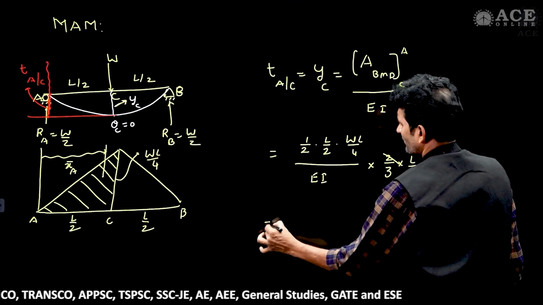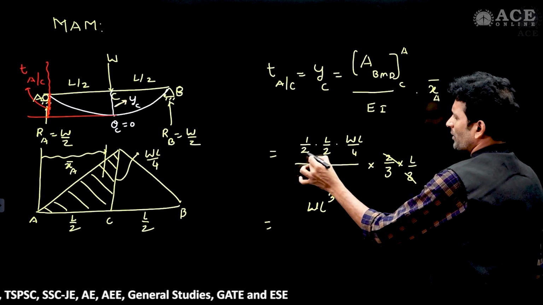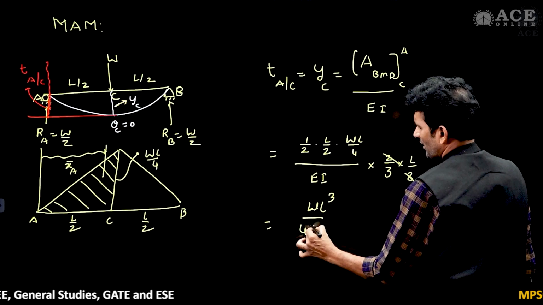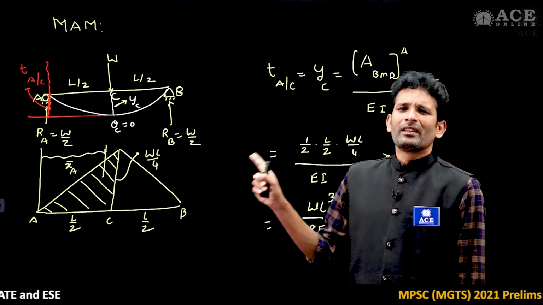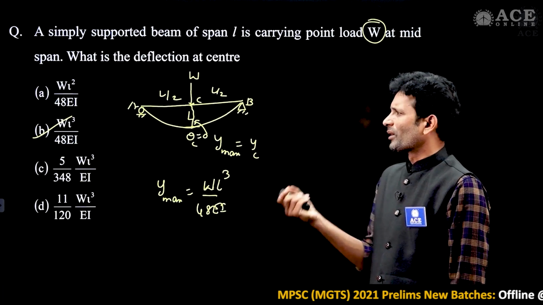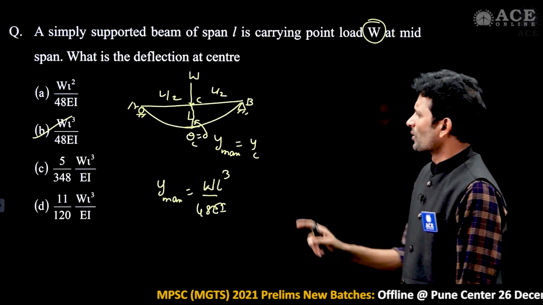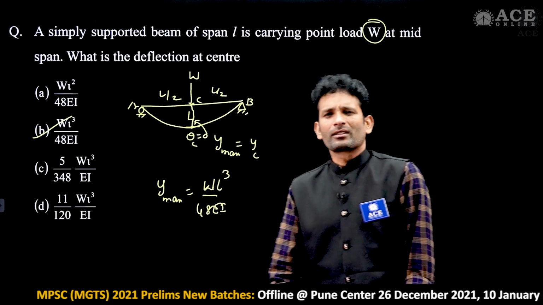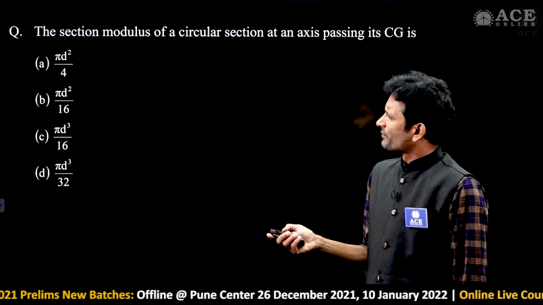Now take this one: WL cube divided by 2 2s are 4, 4 4s are 16, 16 3s are 48. So I am using the moment area method to solve this question. If you remember the formula directly, you can take option B because it is a standard case. So which one is correct in this case? WL cube divided by 48 EI is the correct answer. This is the required answer for this question.